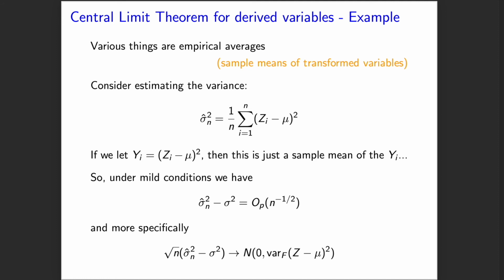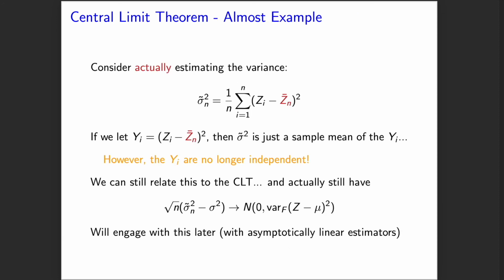Again, what we've noted is this variance estimator is an empirical average, and so the central limit theorem will apply to this estimator just as well as it applied to that simple sample mean. So here's what I'm going to call an almost example, and this will be really important as we move forward, but we can't quite apply the central limit theorem here.